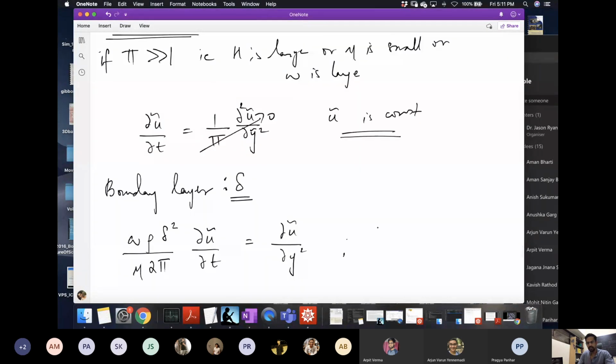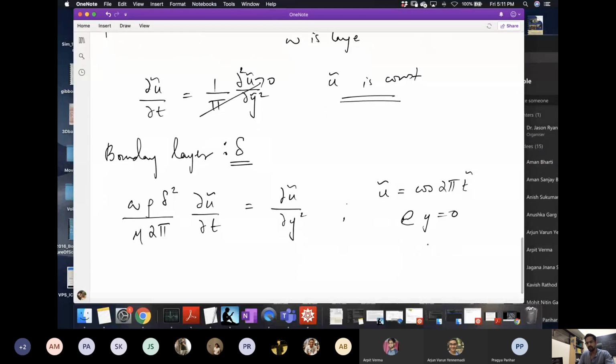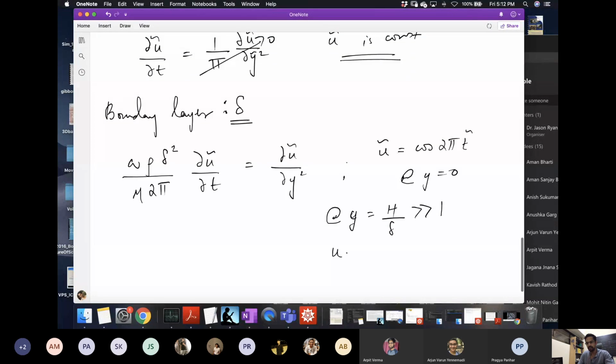And now I can only say u tilde is cosine 2 pi T tilde at y equal to 0. I cannot now look at y equal to capital H because that's very far away. But what I can say is that at y equal to, remember now, H over delta, which I expect to be much greater than 1, that means basically y tending to infinity, I can say u equal to 0.